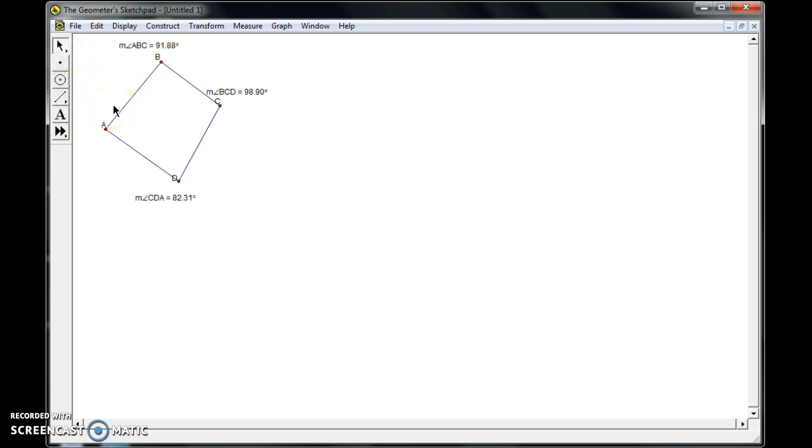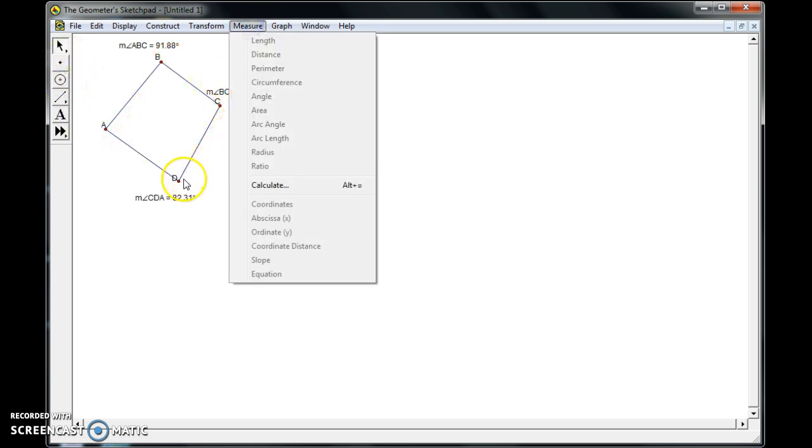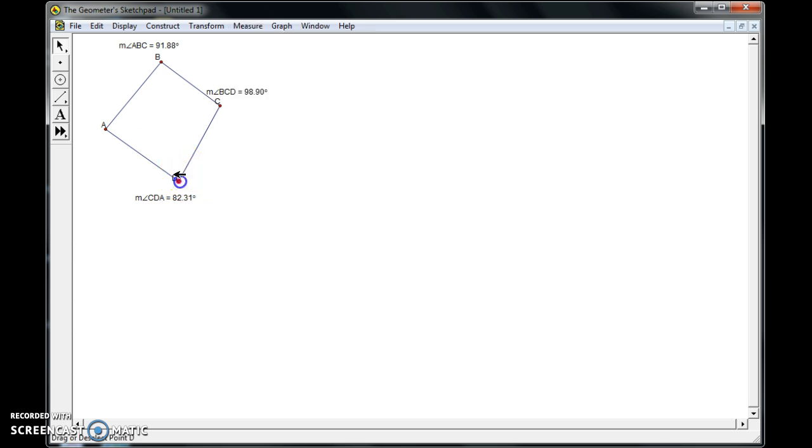And last but not least, it looks like we need to find the measure of angle DAB. So that would be DAB, and the measurement of that one is 86.91. So go ahead, if you haven't already, on step 2, make sure you write down these angle measurements, because you and your partners in your row are going to use these to discover the theorem.